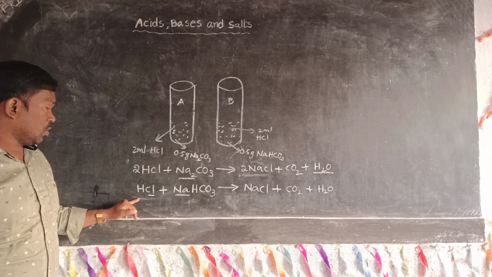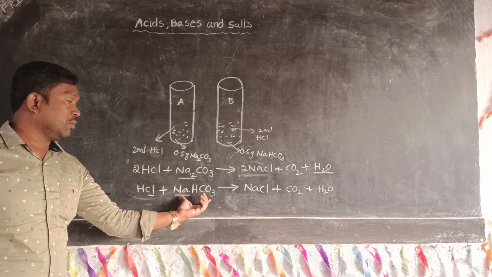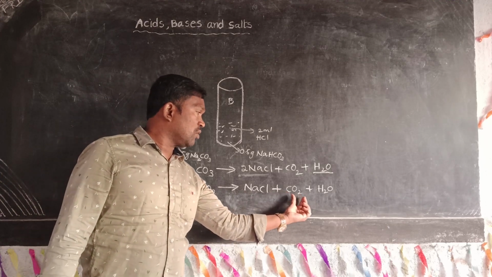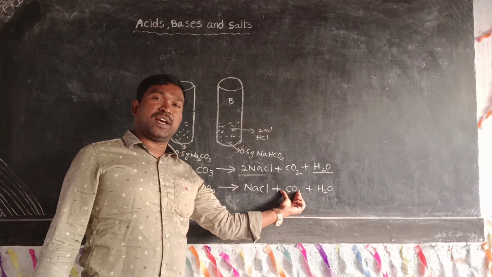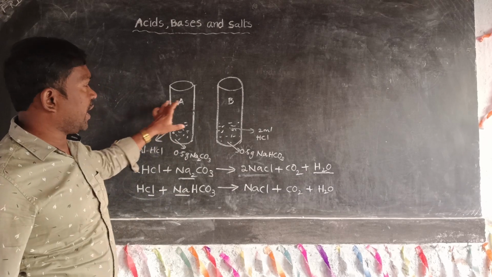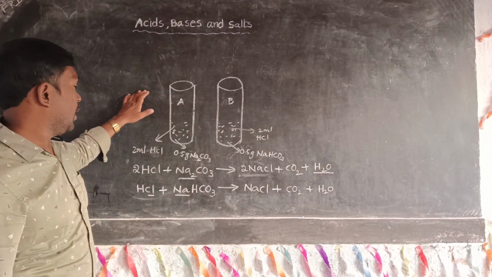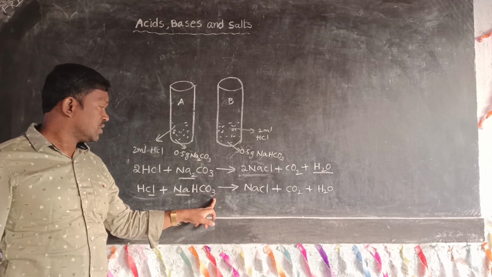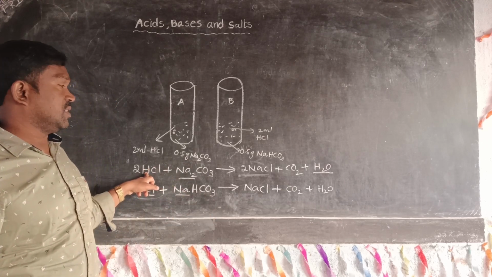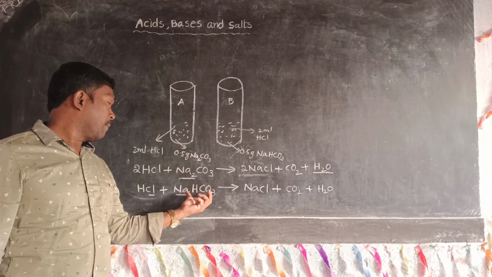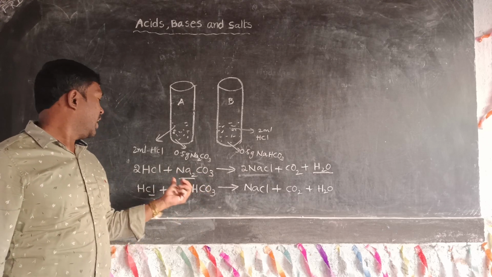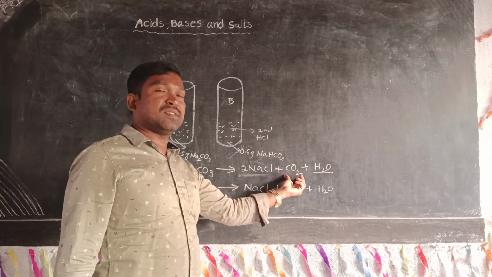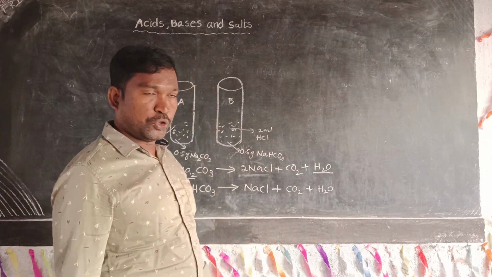So acids react with metal hydrogen carbonates to produce salt, water and carbon dioxide. In both reactions, metal carbonates and metal hydrogen carbonates react with acids to produce salt, carbon dioxide and water.